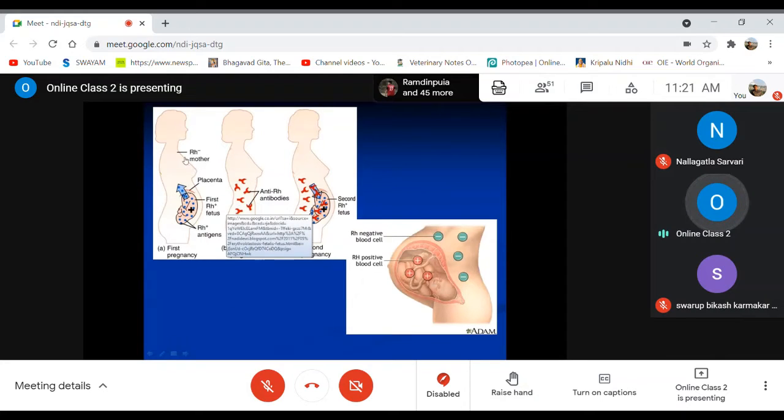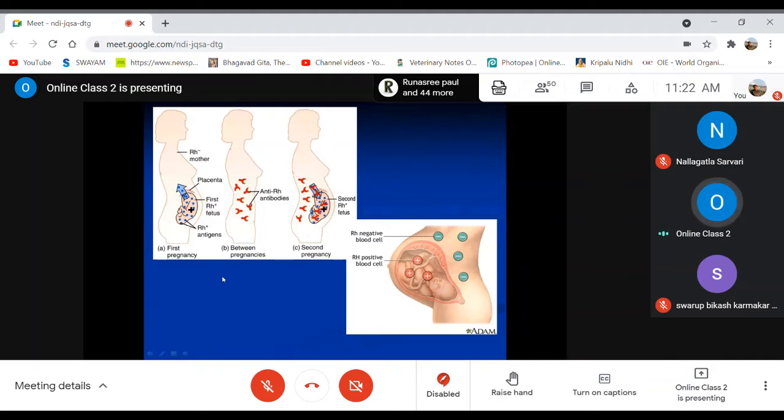This Rh positive coming from the baby, which received it from the father, of course, will go to the circulation of the mother in the first pregnancy. The production of these antibodies takes time. That's why the baby may be born alive and no problem may happen in the first pregnancy.